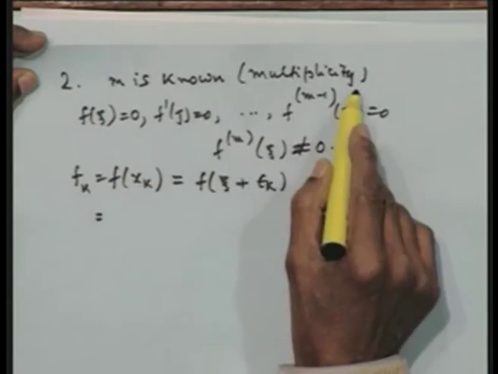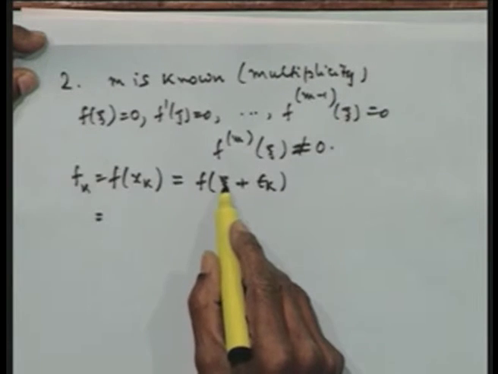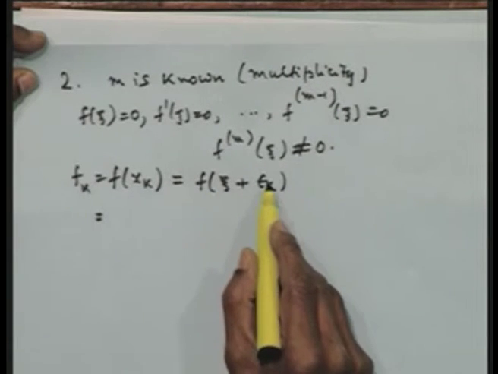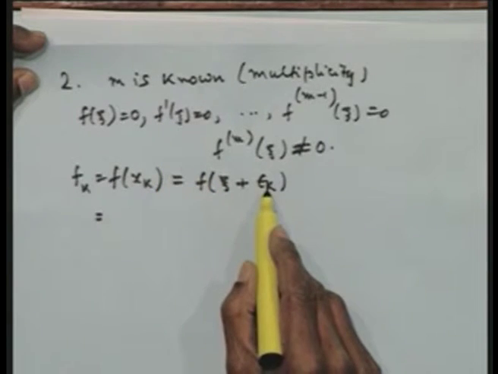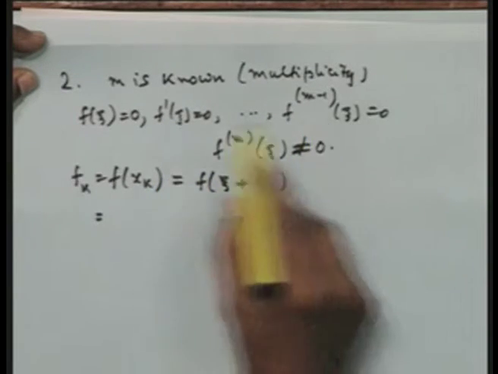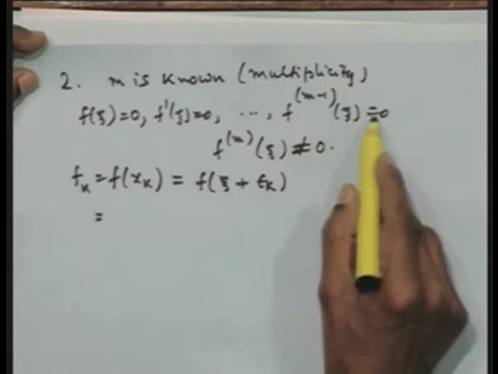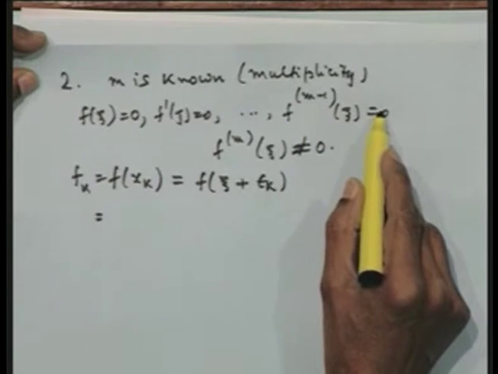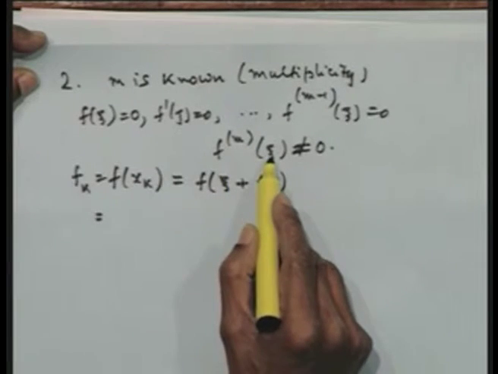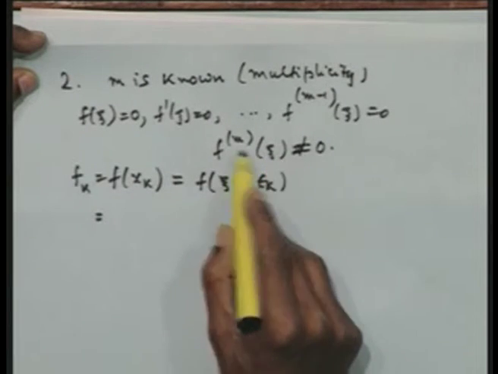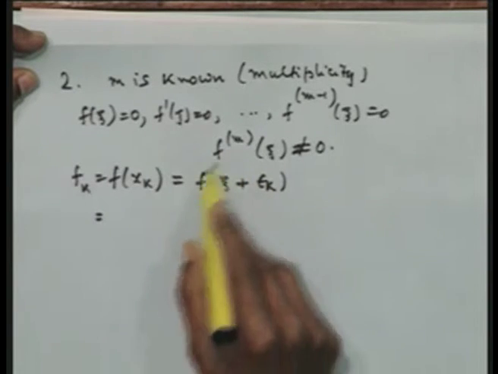When I expand it, I will use this information. Therefore, when I write f of xi, the first term is 0, the second term is epsilon k f prime of xi, that is 0, and so on. All the first m terms are 0 because of this information. The first non-vanishing term in the expansion contains the mth derivative of f at xi.